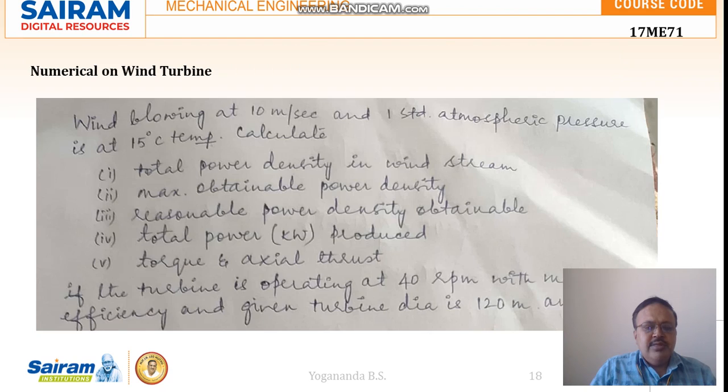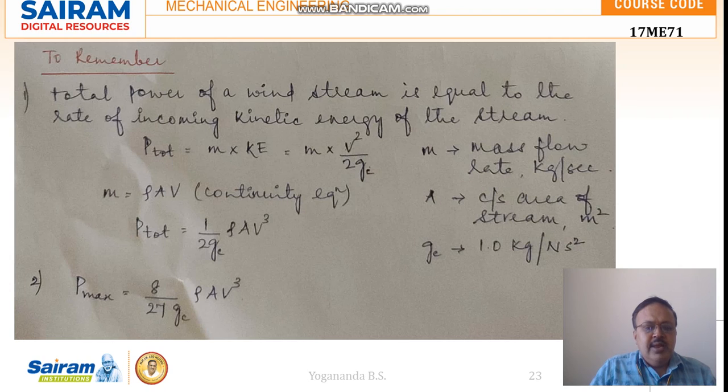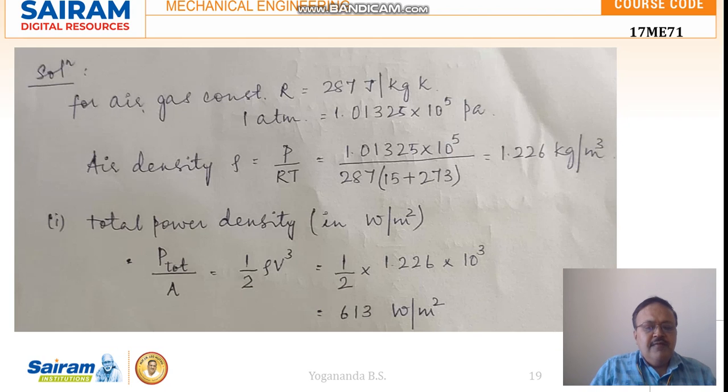My wind power is 1 by 2 into rho into A V cube, with gc being 1 kg per Newton second square, so it is half of rho A V cube. Dividing by A, the A in the numerator cancels with the A in the denominator, because the power density is in watts per meter square, that is wind power per turbine area.